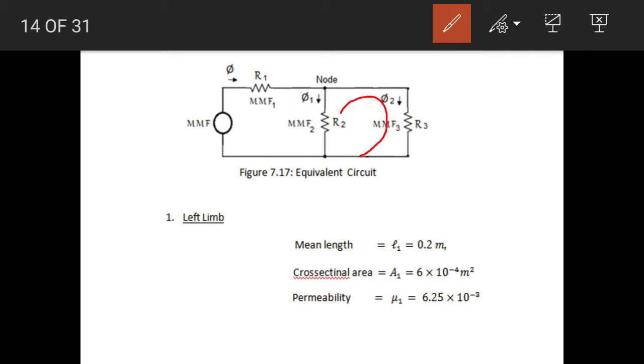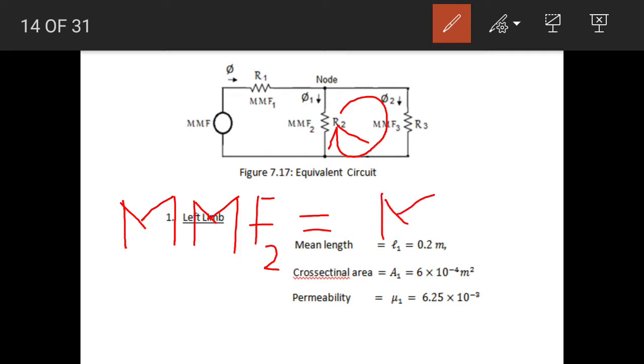According to this law, MMF2, which is analogous to V2, in loop number 2 will be equal to MMF3.